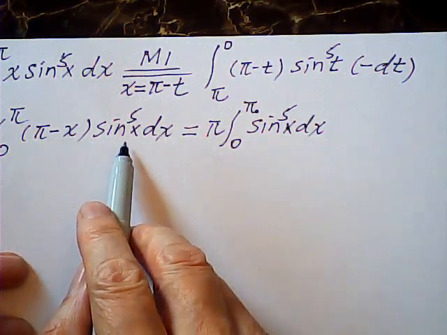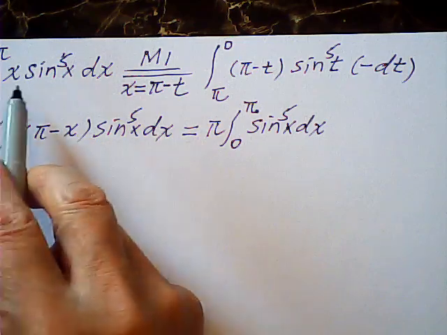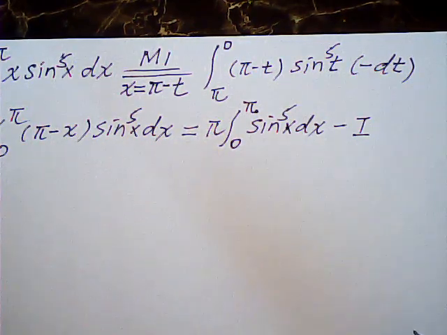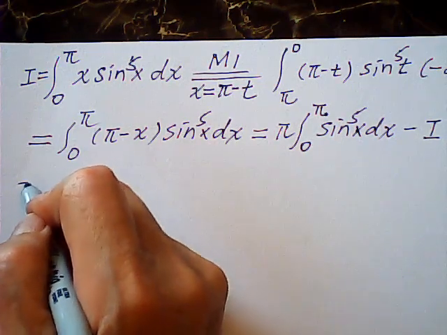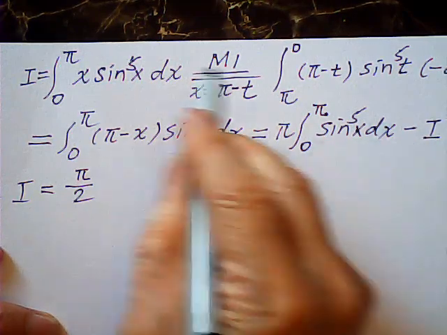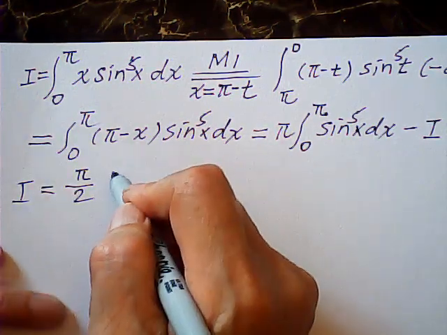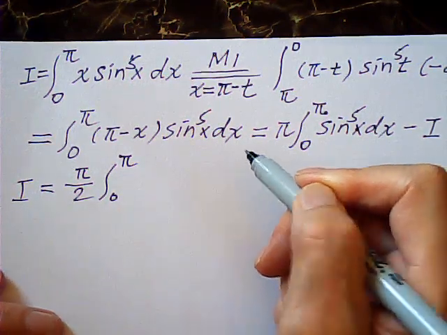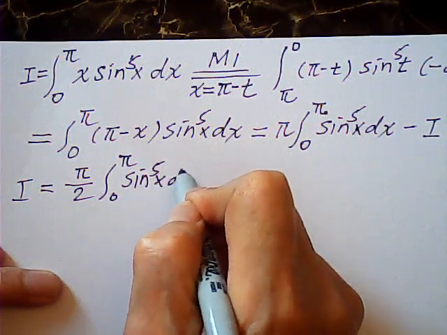And x sine 5th is the same thing as my target integral, which is I, right? So my I would be equal to half pi. 2I is this, because I becomes half pi times the integral 0 to pi of sine 5th power x dx.